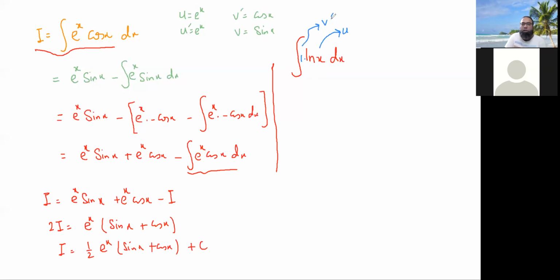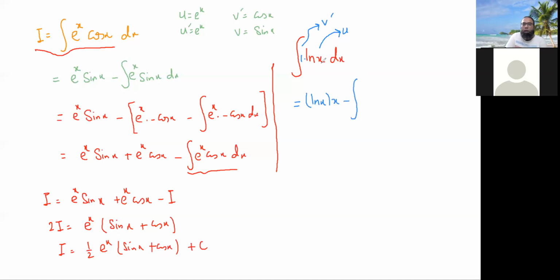Because when you integrate this, you will be getting x. And you know that if you differentiate ln x, you get 1 over x. Okay. So here this u comes as it is, and integral of 1 is going to be x minus.